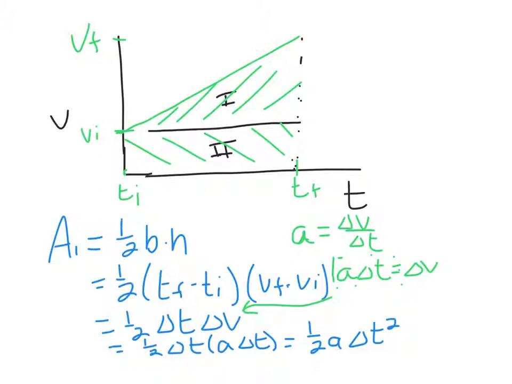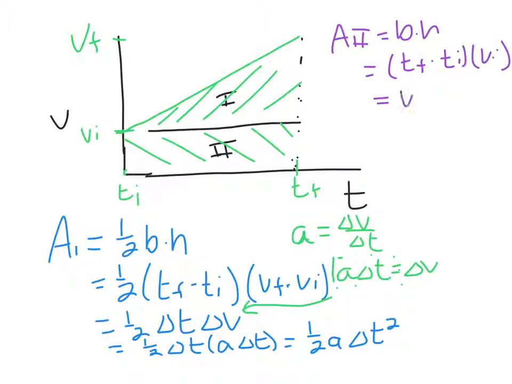Next part is a little bit easier to take. We're getting the area of the rectangle. So the area for segment 2 is just equal to my base times the height. Base of the rectangle is t final minus t initial times the height, v initial. So this equals v initial delta t. Getting the total displacement, remember, displacement from a velocity time graph is area.